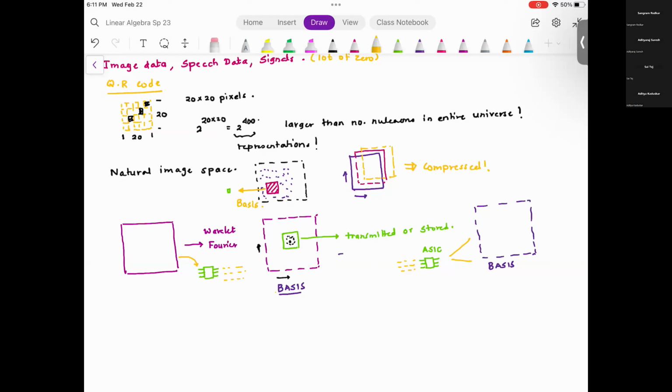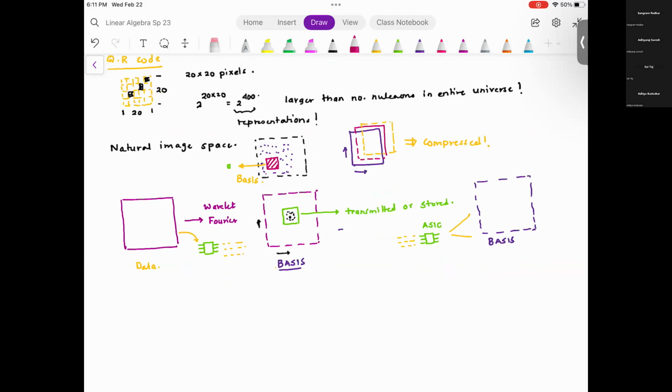But when extending this, we have to ask ourselves: if my initial data set is sparse, do I really need a basis to transmit it? The answer to that question is, here is an alternative way this can be done.